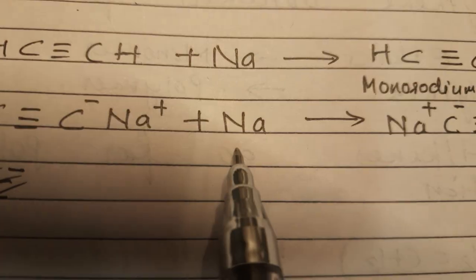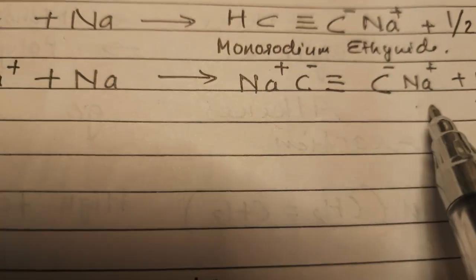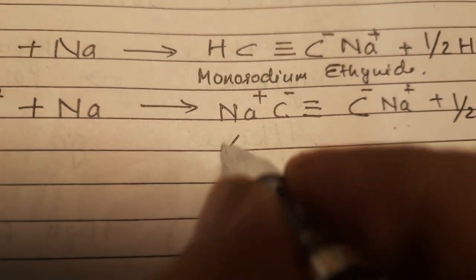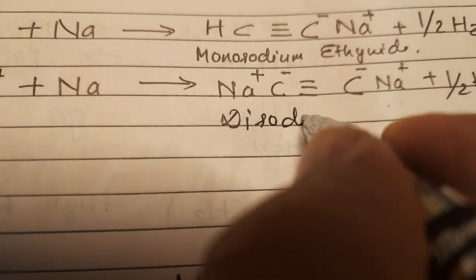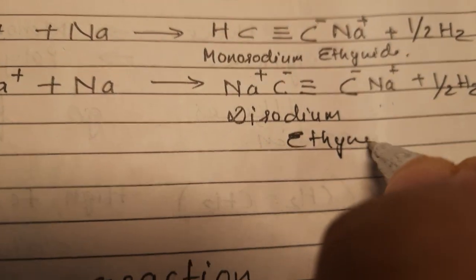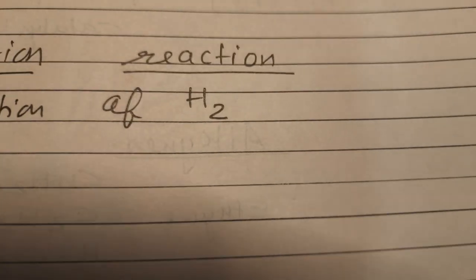Correct? And monosodium ethynide, when it reacts with sodium again, will form disodium ethynide. You see both the H are now substituted by Na. So this compound is known as disodium ethynide. It shows the acidic character of ethyne.